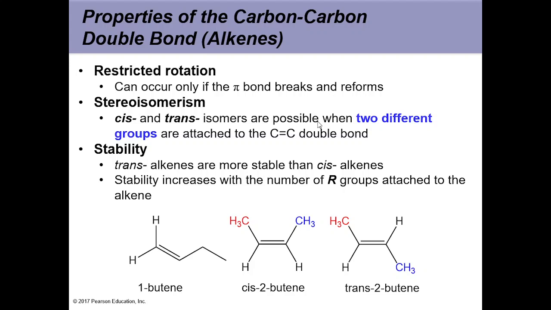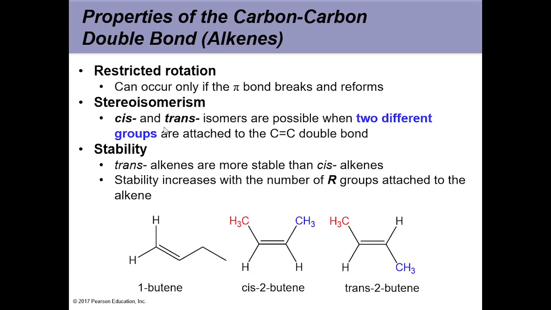Now, let's focus a little on double bonds. It's not always going to be cis or trans. Some alkenes, which is what we call carbon-carbon double bond compounds, can be cis or trans isomers.